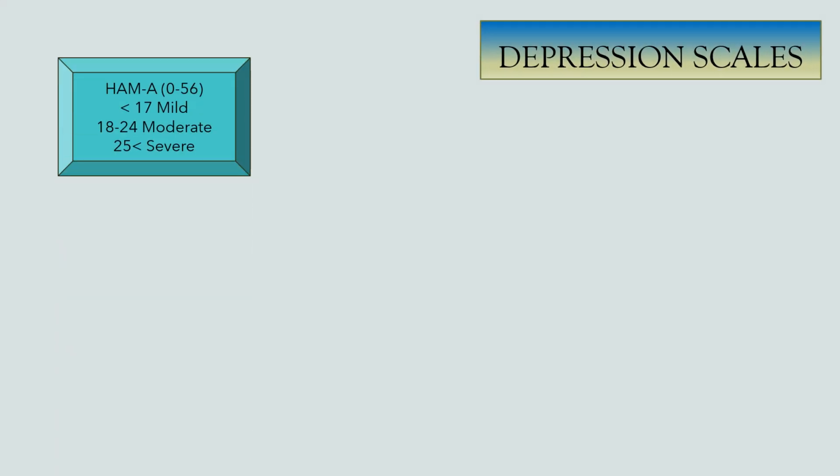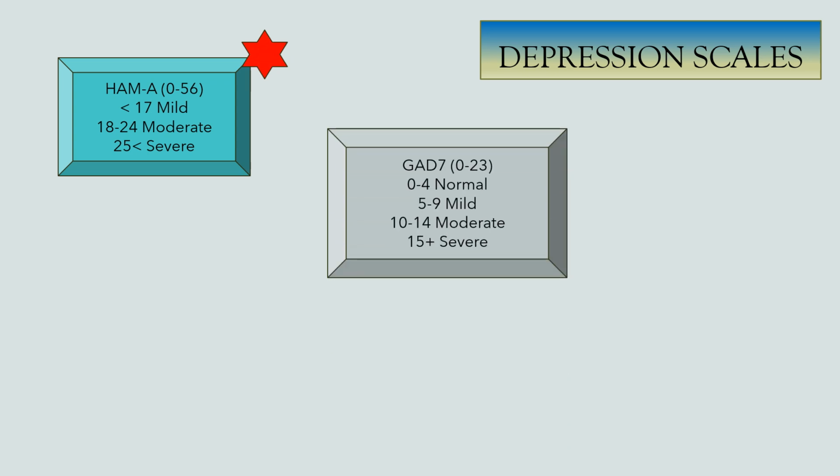The HAM-A, mild to moderate, 18 to 24. GAD-7, mild to moderate, 10 to 14. HAM-A is the most commonly used scale.